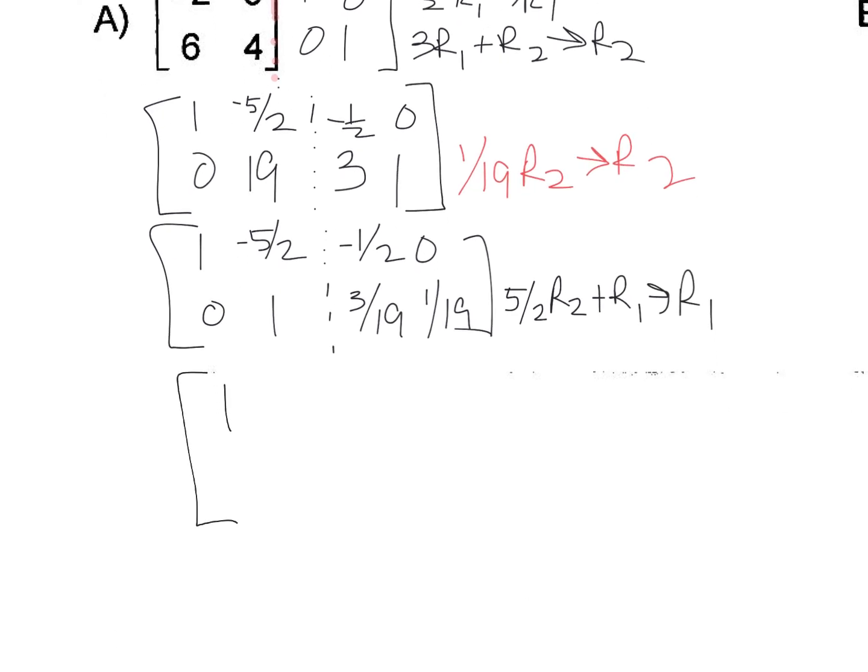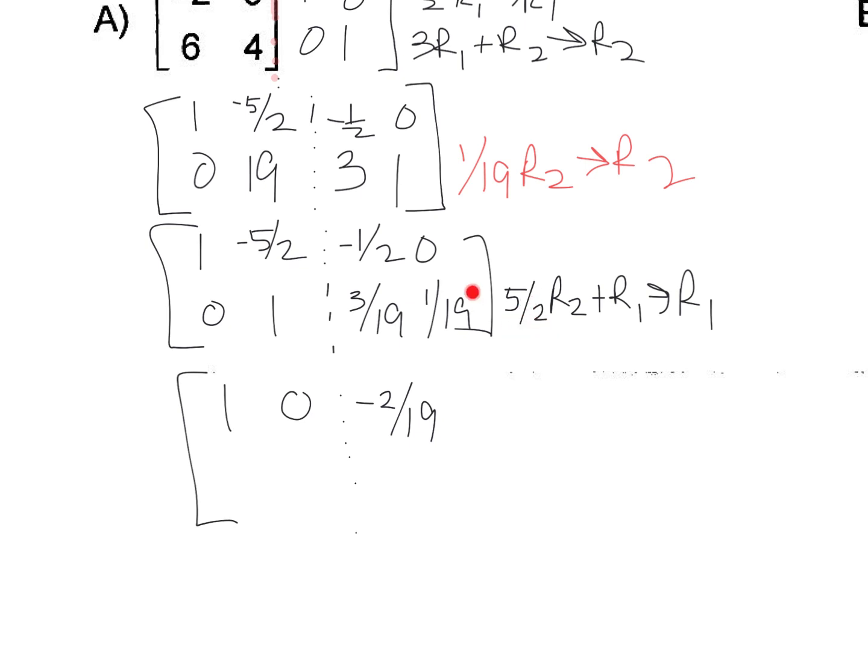We have 1, we have 0, 5 over 2 times this would be 15 over 38 plus negative 1/2. Some nice fractions here. Remember, all of this is calculator, so if you want to do the fraction calculations in your calculator, that's totally fine. So it gives us negative 2/19.